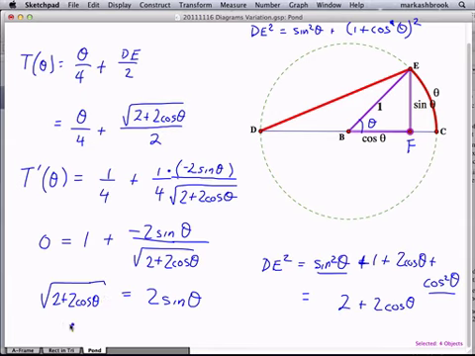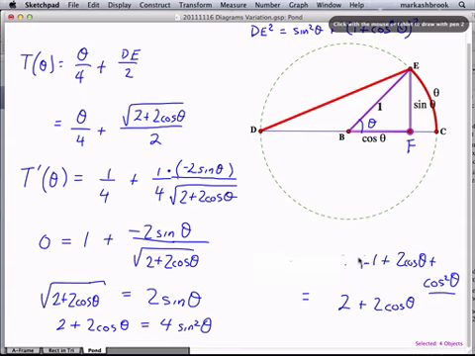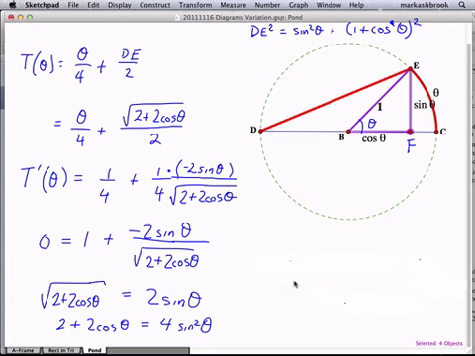The square root is causing problems, so we'll square both sides. Okay, so what we can do is change this to cosine squared, and we can form a quadratic of all cosines.